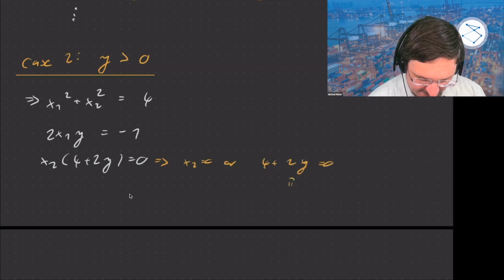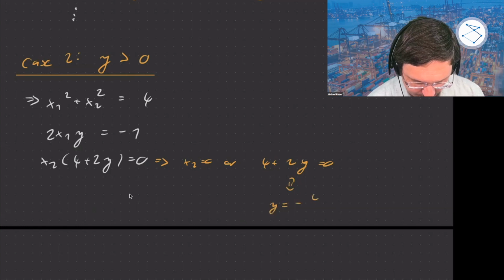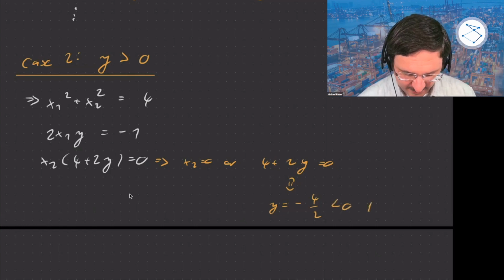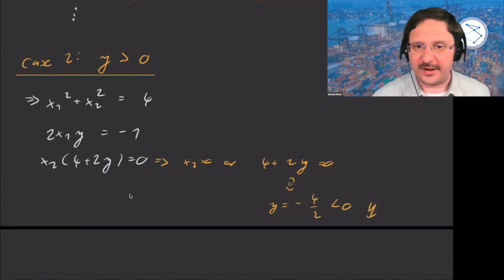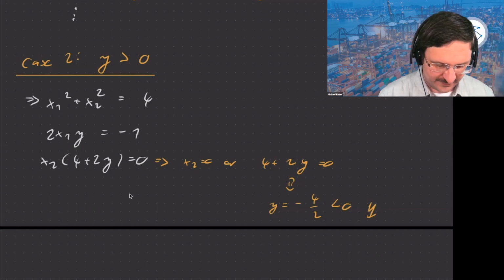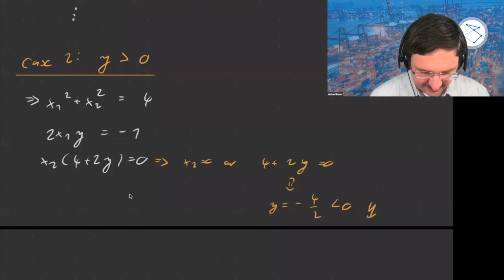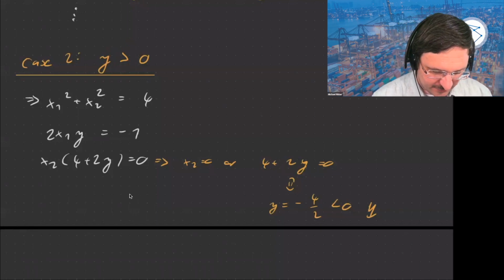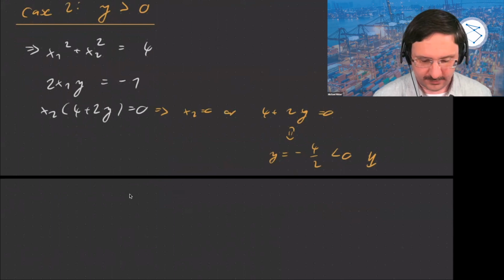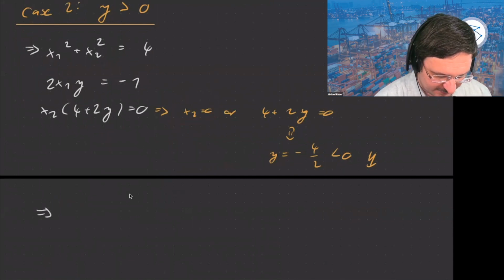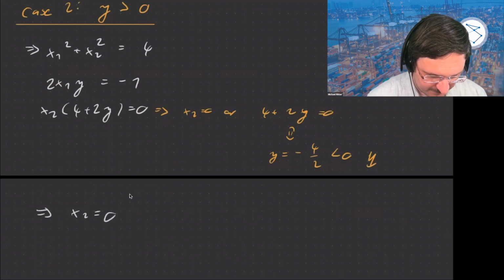That latter would mean y is equal to -4/2, which is obviously negative. And that cannot be the case. Remember, y needs to be non-negative or even strictly positive in this case here. So we can exclude that case. And that means the only possible solution is x2 is 0. Right? So it means x2 must be 0.